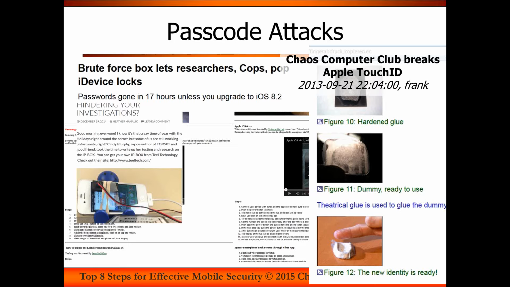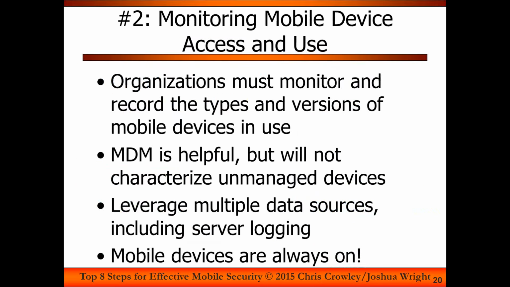As an example, the Chaos Computer Club is one of many, and they were the first for Touch ID specifically, but they published a methodology and proved that, given access to a good quality print of the user who had set up Touch ID on the iPhone, they were able to unlock it using that print stolen from an image of that print. Okay? And there are a number of different attacks against all sorts of other mechanisms of protection.